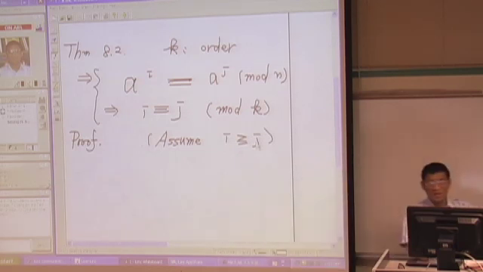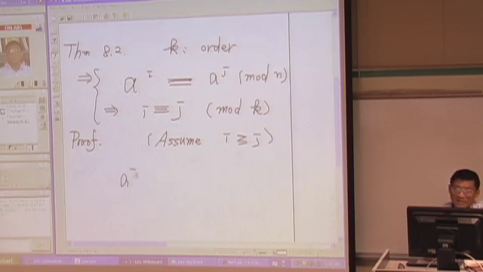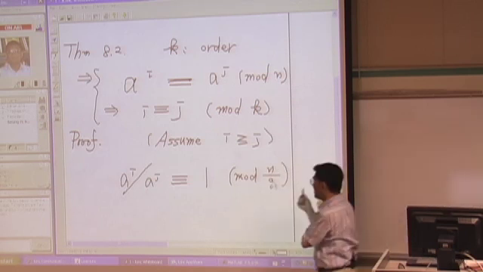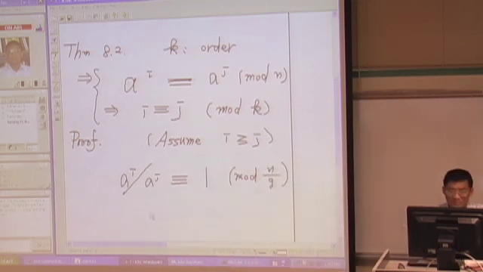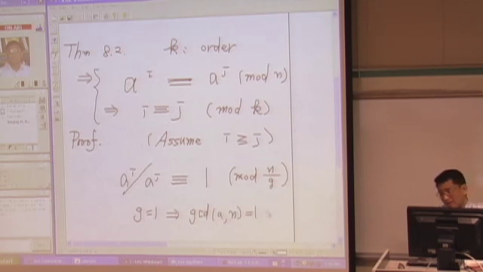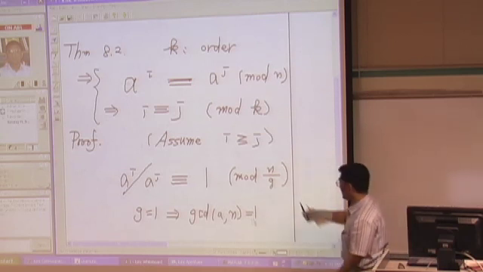Under this assumption, if we divide both sides by a to the power of j by the cancellation law, then a to the power of i divided by a to the power of j equals a to the power of j divided by a to the power of j mod n over g, where g represents the GCD of a and n. And the GCD of a and n is 1, and then any power also has GCD 1. I proved this already. So we completely proved this statement.